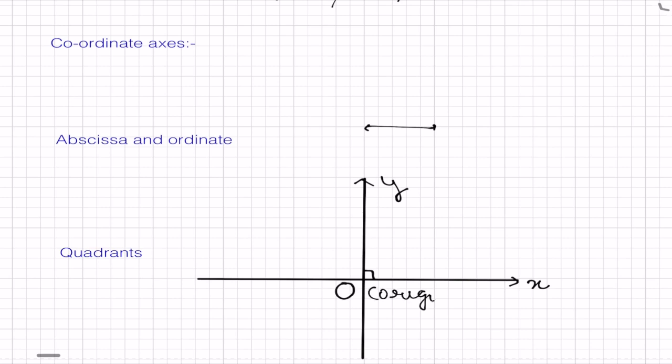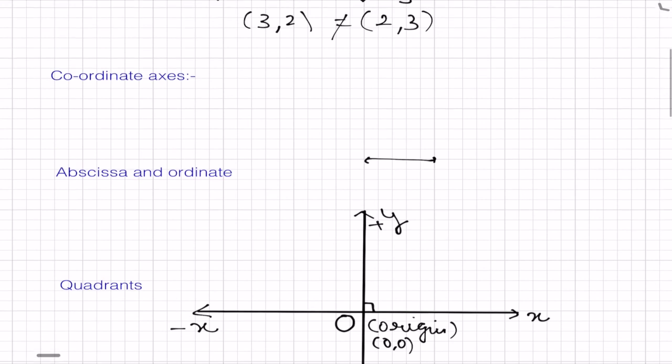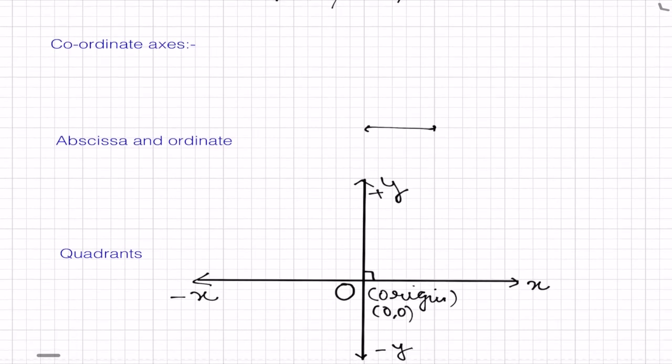The origin coordinates are always (0, 0). The right side of the horizontal is the positive values of x and the left side is the negative values of x. Similarly, on the vertical axis, the upper portion is positive y and the lower portion is negative y. So the x-axis and y-axis are known as the coordinate axes.